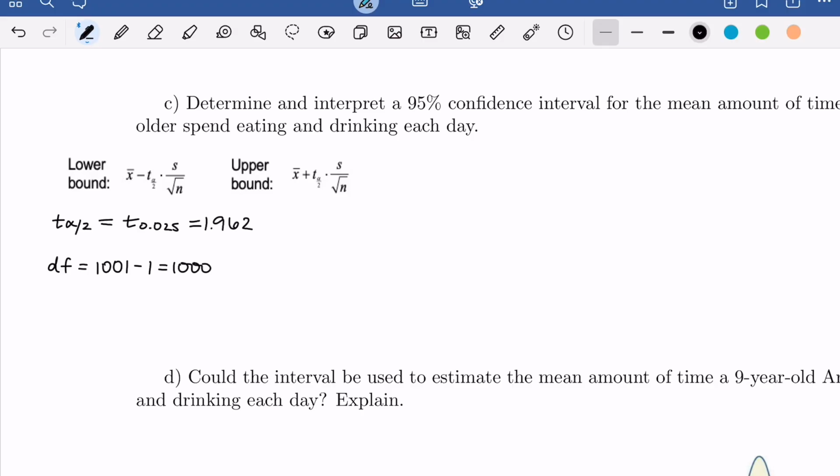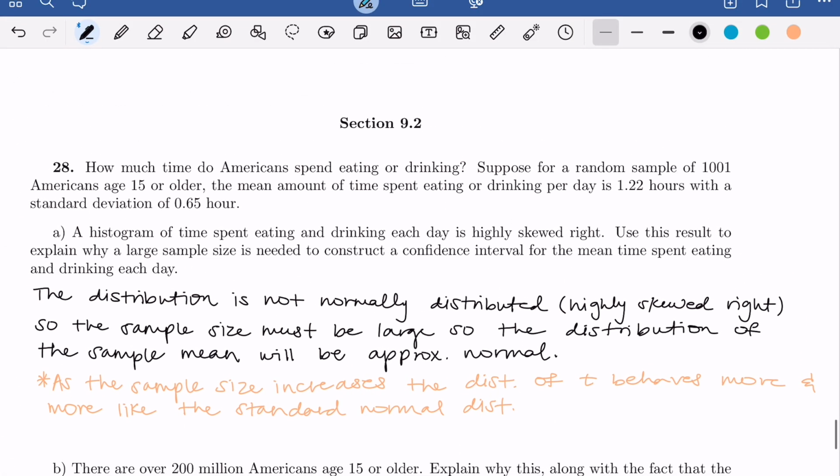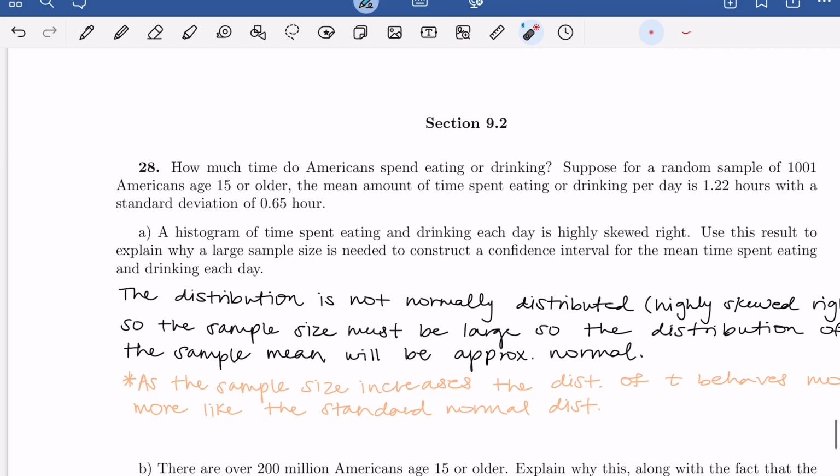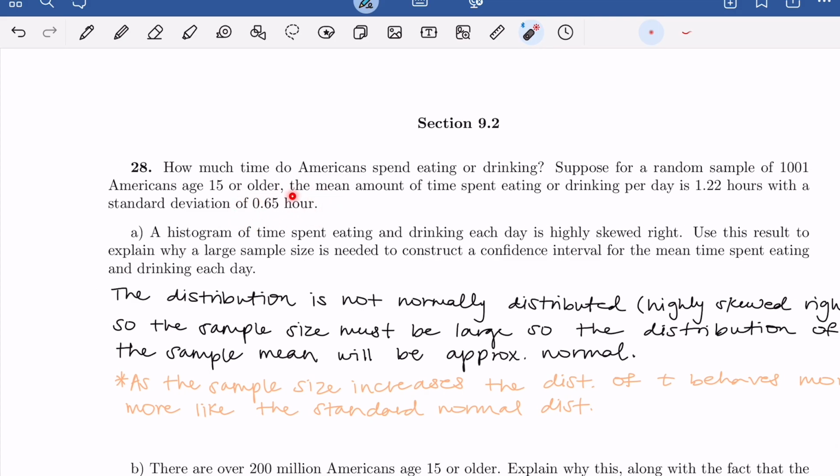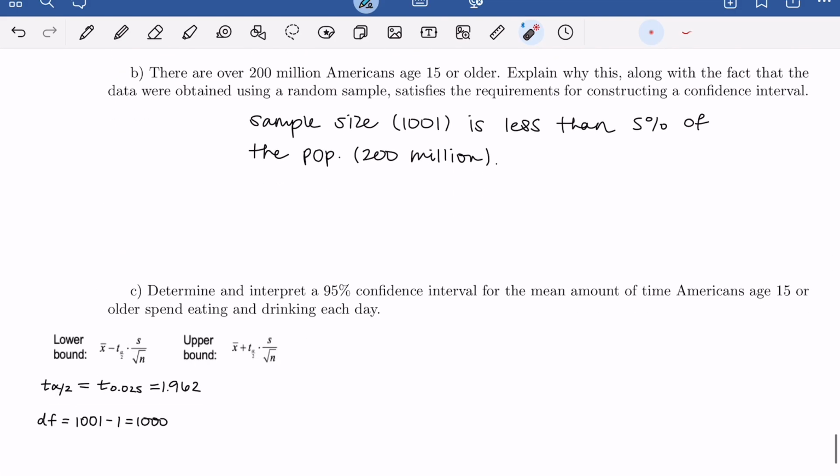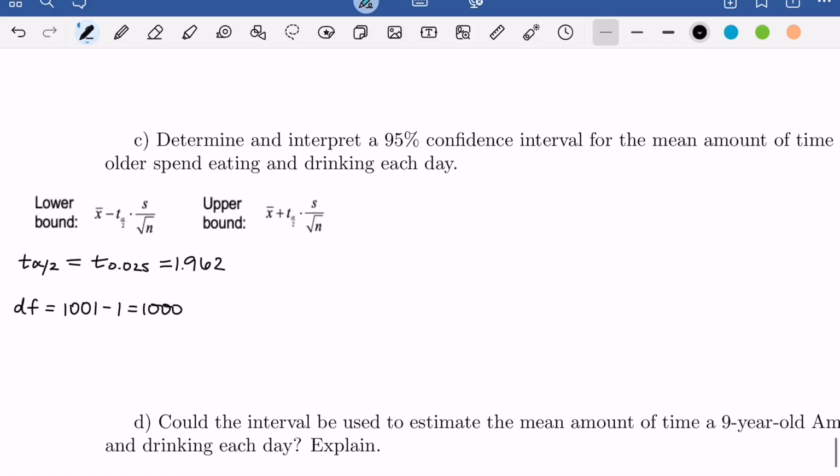And now we can plug everything into our lower and upper bounds. So for our lower bound, we're going to have our sample mean, which is given by 1.22 hours. And then just for reference, our sample standard deviation is given by 0.65. We're going to plug both of those into this formula.